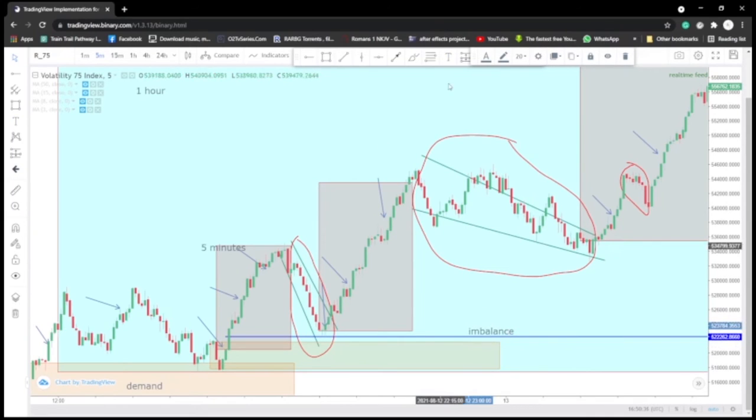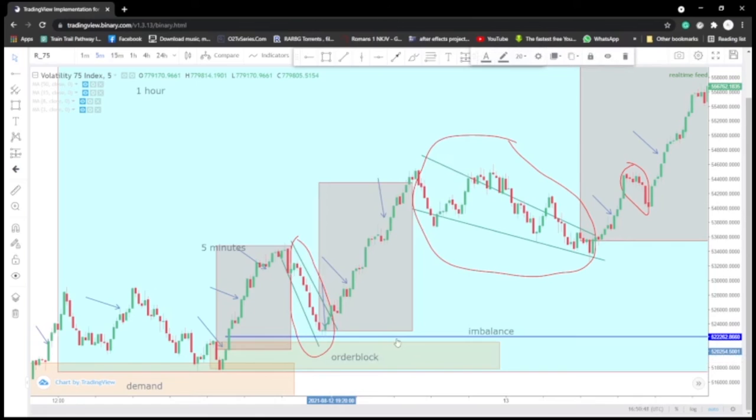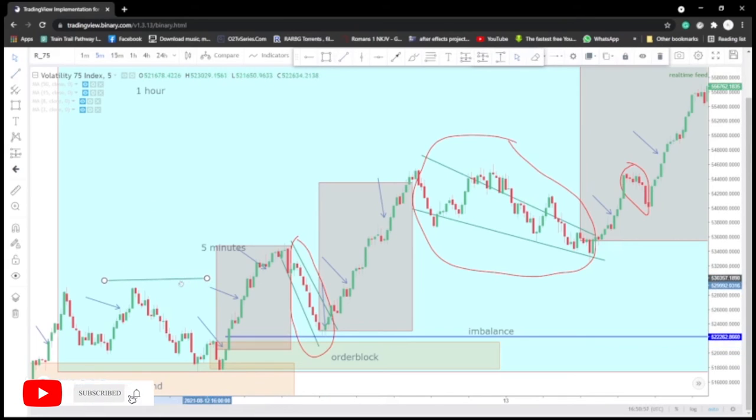This is an imbalance, and then text, this is my order block. Order block. So remember, we are looking for the last candle before the market violates structures. The last opposite candle before the market violated structures.